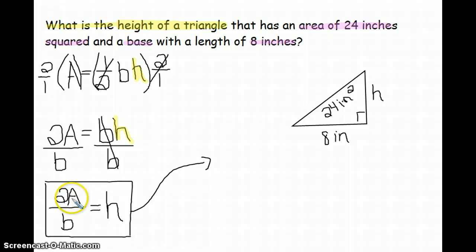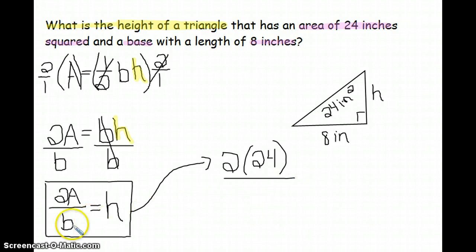So I'm going to take my area, I know is 24, and I'm going to plug it in for A. So to rewrite this, 2 times 24, and then that's divided by my B, which is my base of the triangle, which is 8, equals my height, which is my unknown. That's what I've got to find.